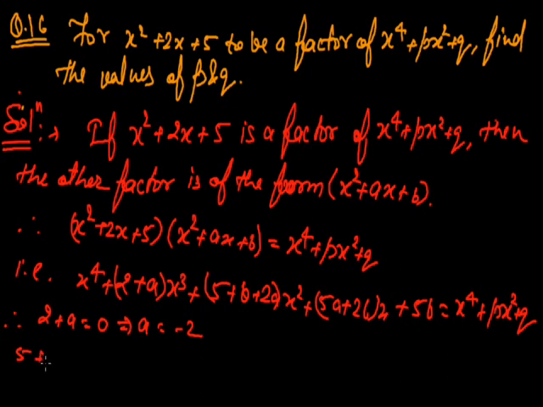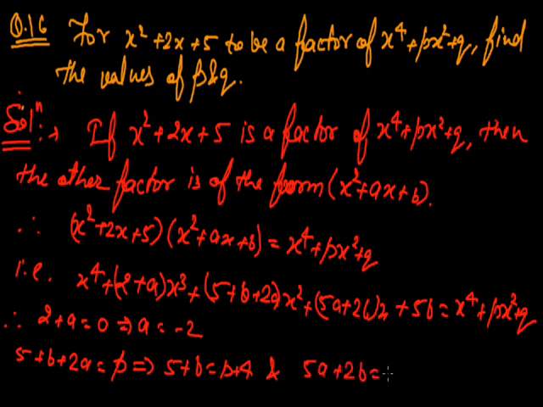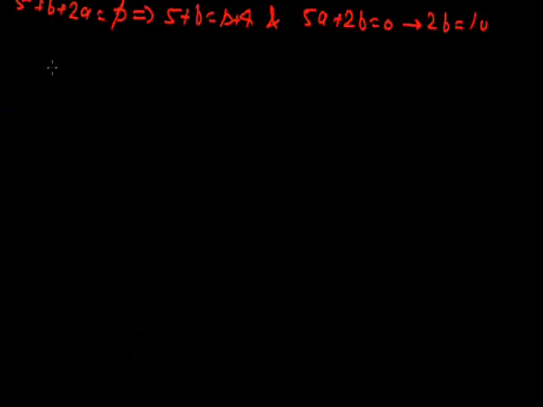Again 5 plus b plus 2a is equal to p. From here we have 5 plus b is equal to p plus 4 and 5a plus 2b is equal to 0. From here we have 2b is equal to 10. So we can say that the value of b is equal to 5.